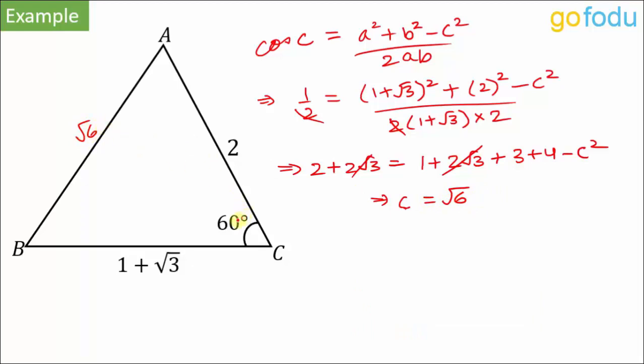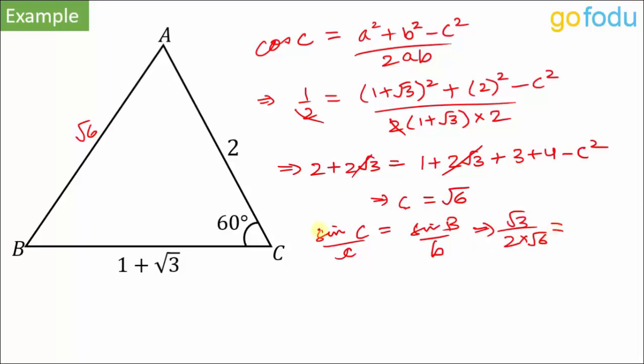Now angle and its opposite side are known, so we can apply sine rule. Sine C upon c is equal to sine B upon b. Now sine C is what? Root 3 upon 2, and length of side c is root 6.